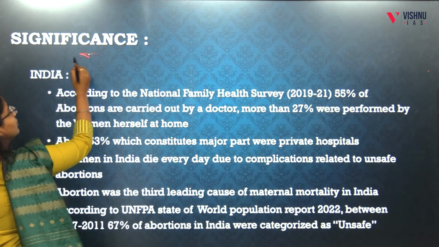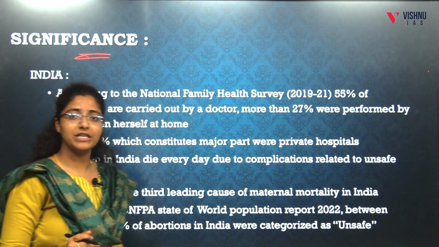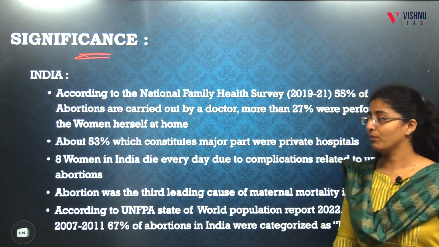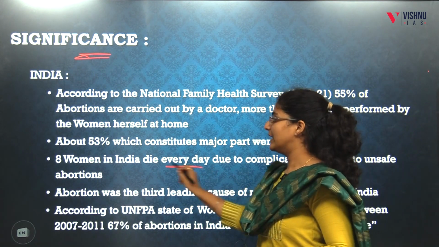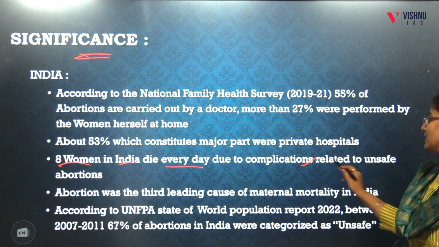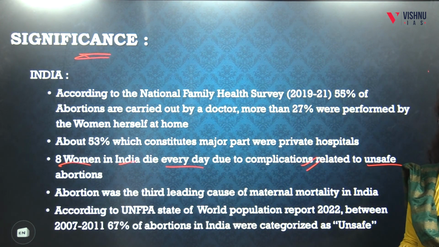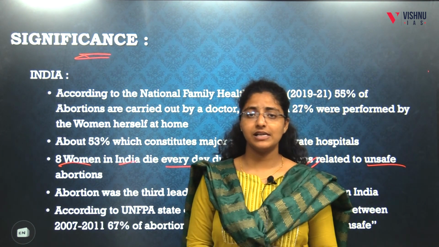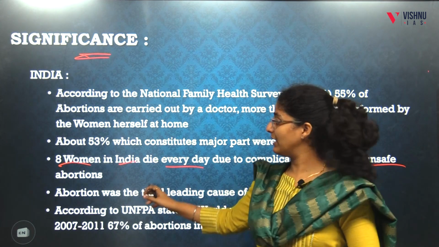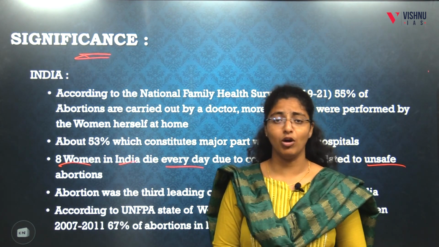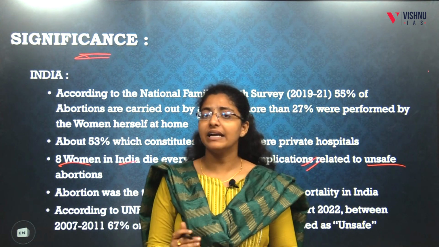When we learn about the significance of the Medical Termination of Pregnancy Act, something very important we should know. Every day in India, about 8 women die of complications related to unsafe abortions. Deaths happen due to various reasons in the country. When every day we lose 8 women due to unsafe abortions, the maternal mortality rate gets affected.